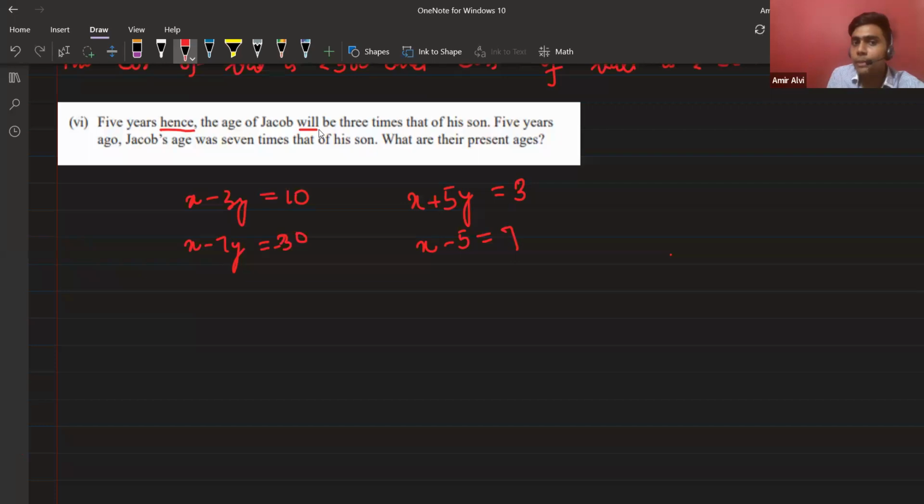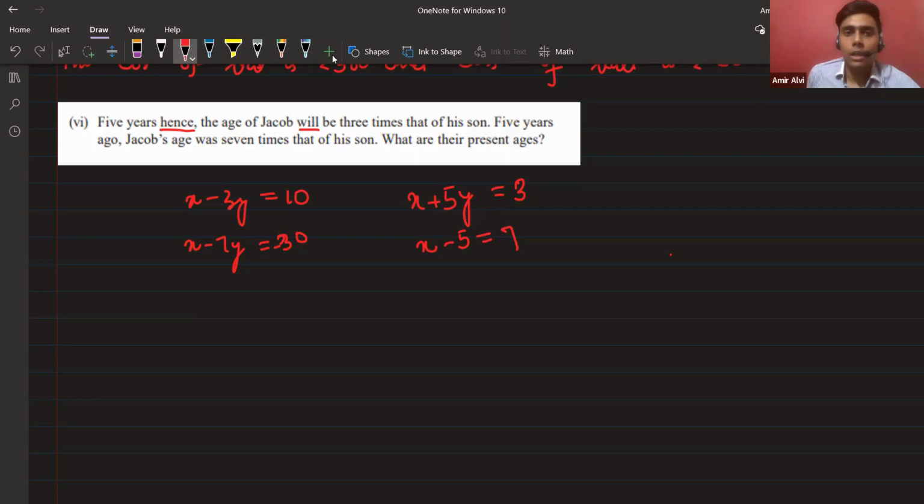As you can see, will be means it's talking about the future. So we have to add something. Right now, present is x, and we have to add something to it, which means we will be adding in the future. Obviously, if we add something, we will go in the future, right? Yes or no? Yes, sir.